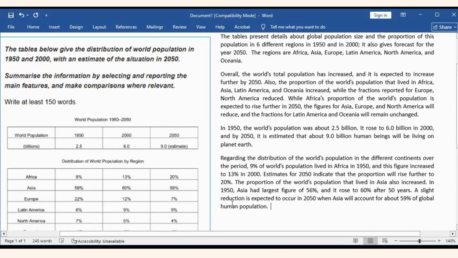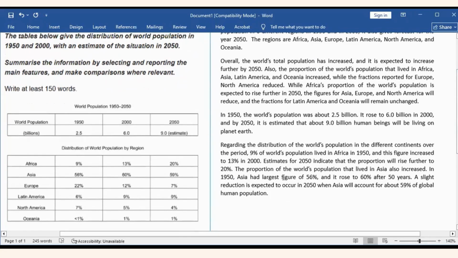So the next one is which one increased again? Africa increased, Asia increased. Which other continent increased? That's going to be Latin America and Oceania.